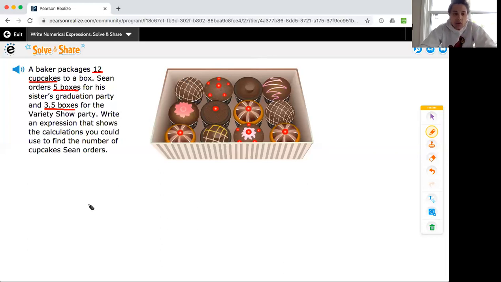Okay, so what we need to do is write an expression. So what's the first step that we need to do in order to figure out how many cupcakes Sean needs to order? Well, the first step is to figure out how many boxes of cupcakes he's going to get.